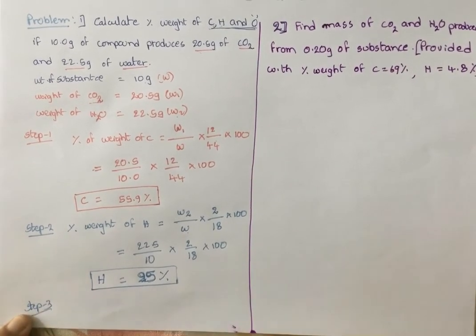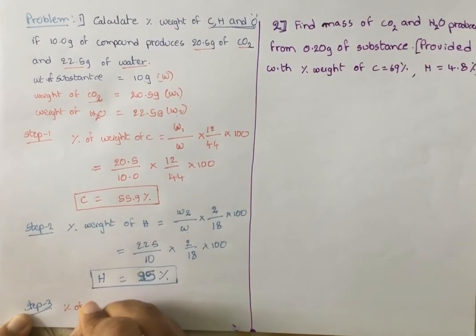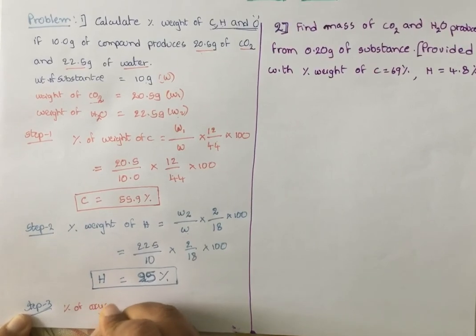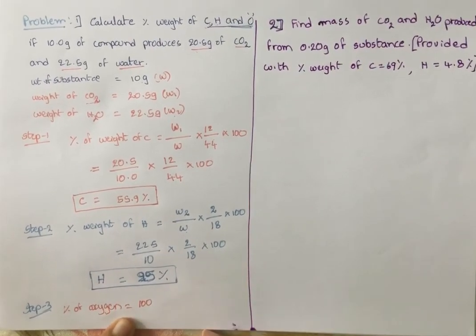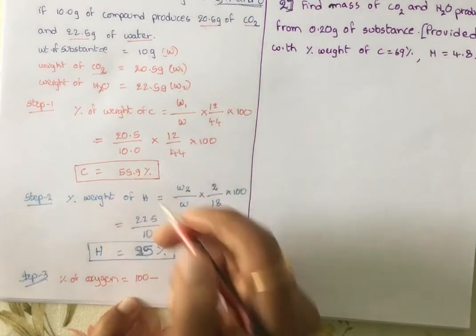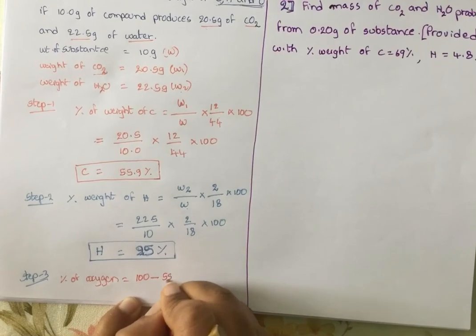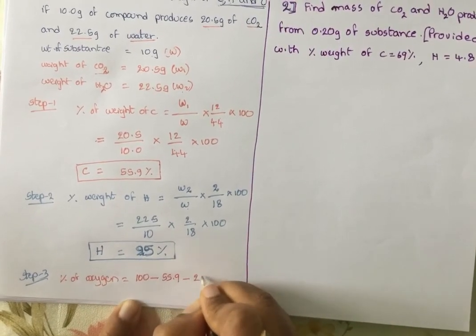Then how can I find step 3? How can I find percentage of oxygen? Percentage weight of oxygen can be calculated simply. You take 100, subtract from it carbon percentage 55.9 minus hydrogen percentage, how much? 25.